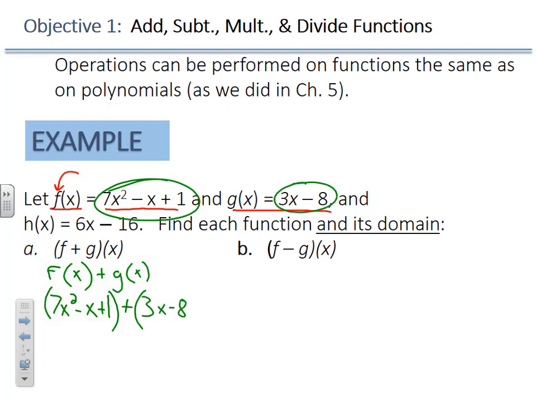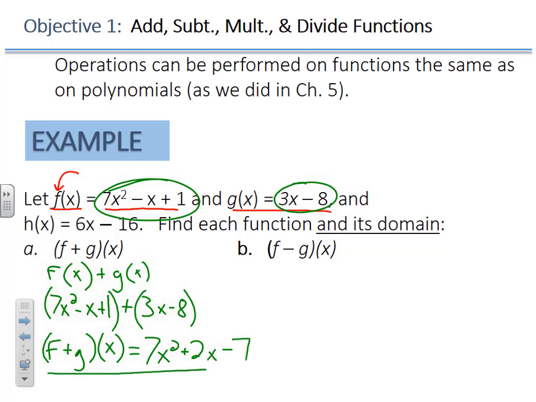And of course we can combine those by combining like terms. And so we end up with f plus g of x giving us a new function that is 7x squared minus x plus 3x plus 2x and plus 1 minus 8 minus 7. And we're done. We can add functions in that way.